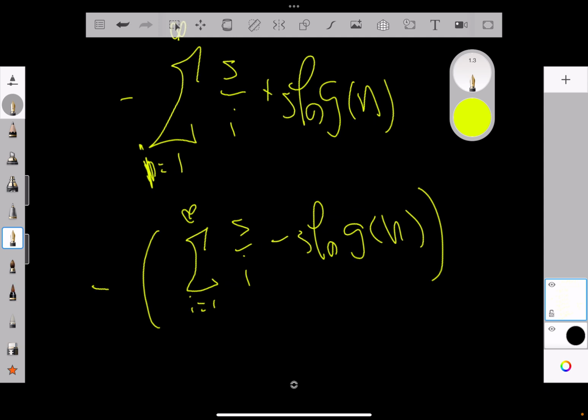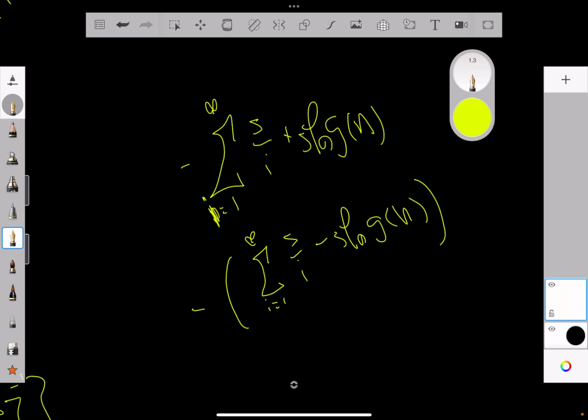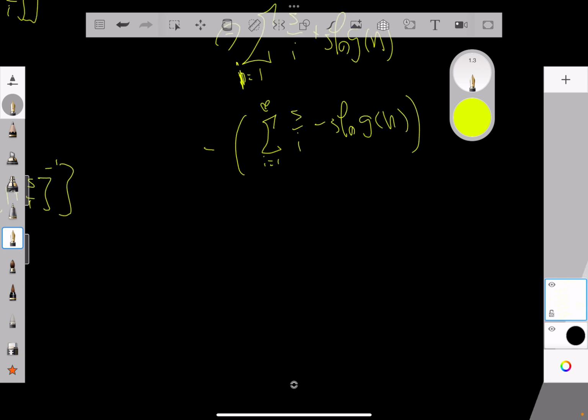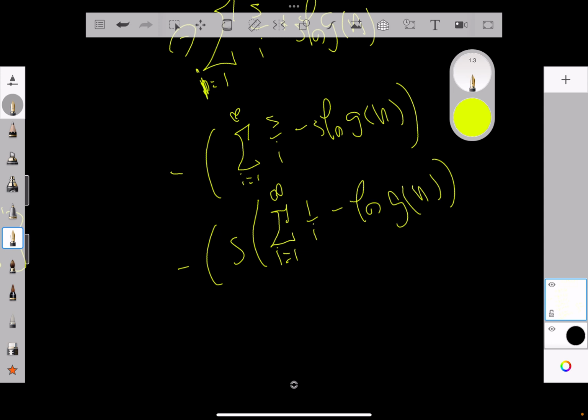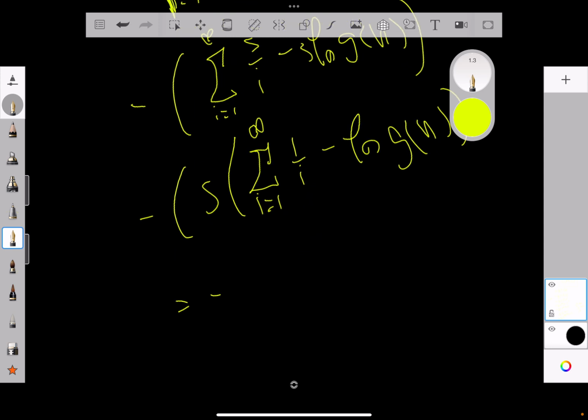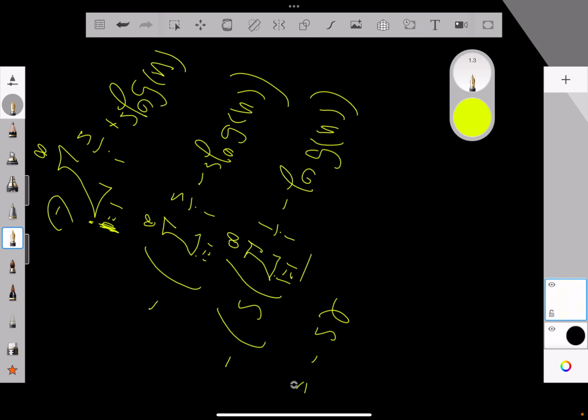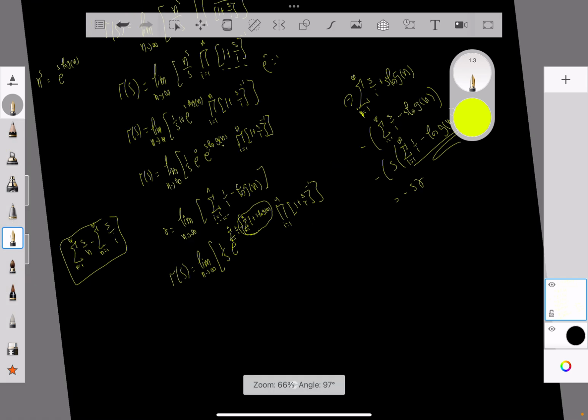Now we can factor out this s along with the negative sign. So minus s times the sum for i equals 1 to infinity of 1 by i minus log n, which is minus s multiplied by the Euler-Mascheroni constant, as we simply found.